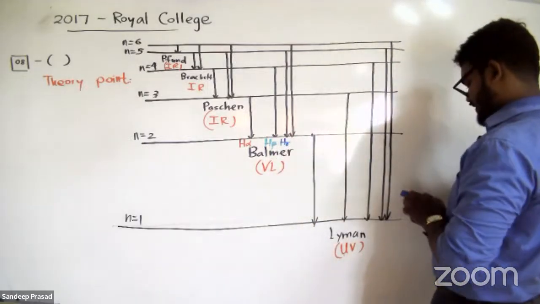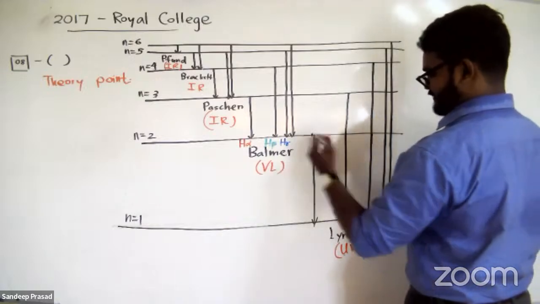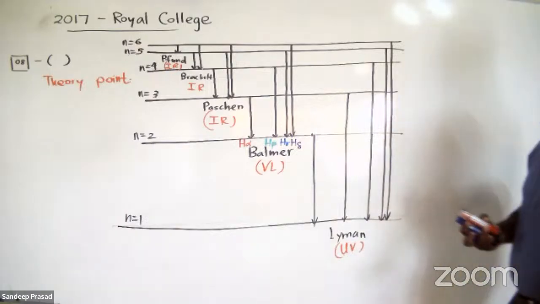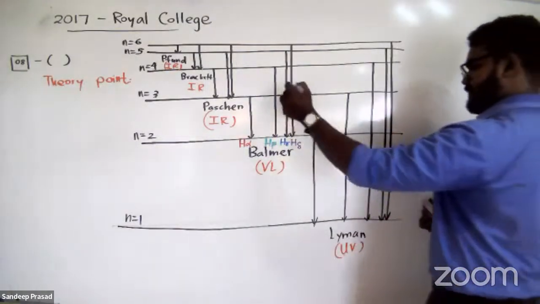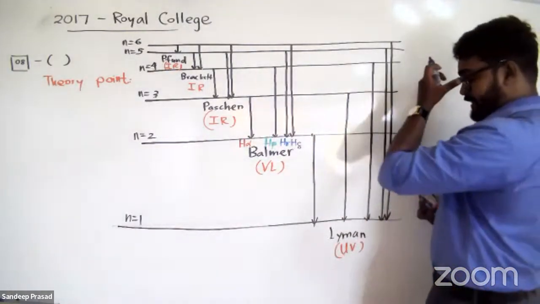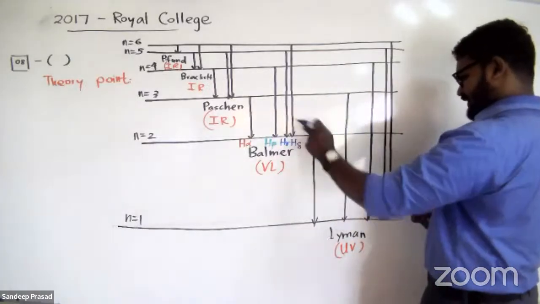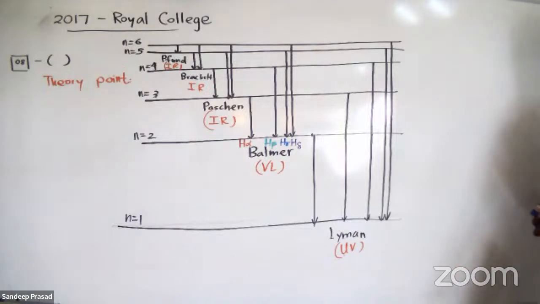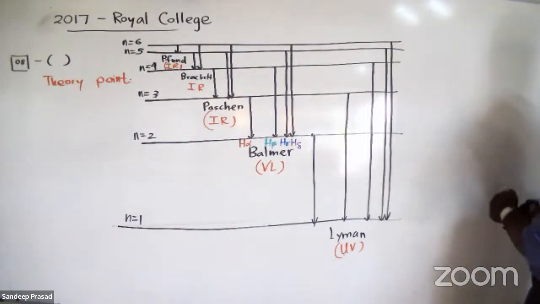Last one is H delta, violet or purple color. Right? So we can see the first line in the Balmer series in red color, second line in green color, third line in blue color, and the last line in violet. Right? H alpha, H beta, H gamma, and H delta.